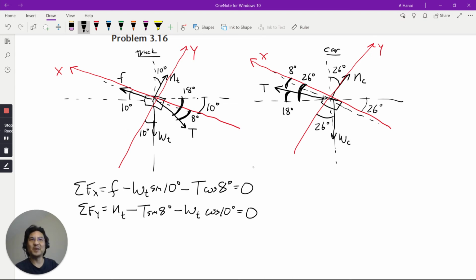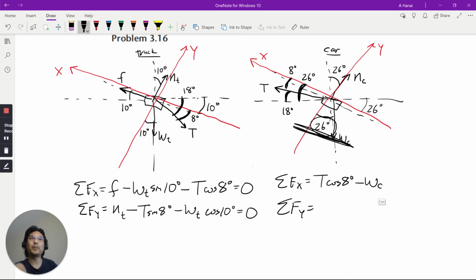Now let's go to the car. Okay, so the x component of tension is positive and it's adjacent to this angle, so positive T cosine. The x component of this is 0. The x component of this is negative and is opposite this angle.